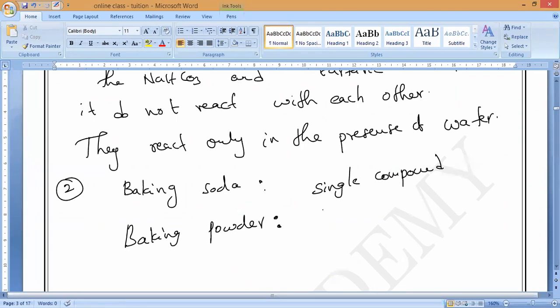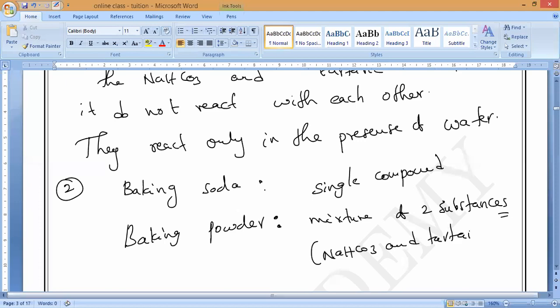Baking powder is a mixture of two substances. What are they? NaHCO3 and tartaric acid. So there is no confusion between them.